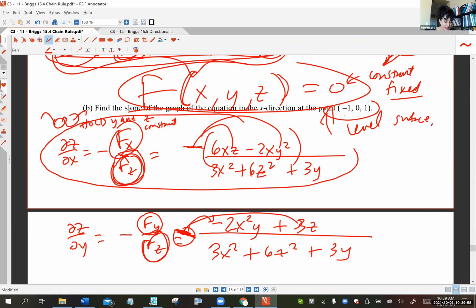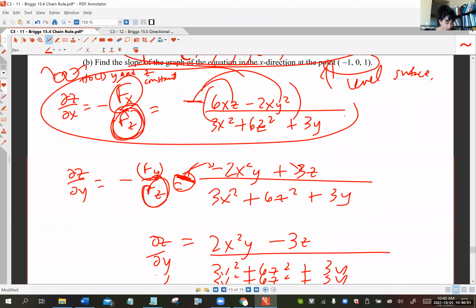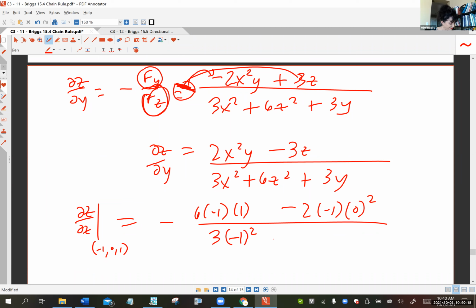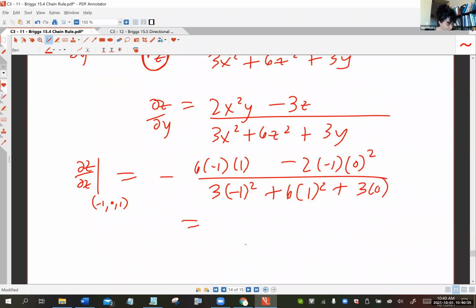So you're just going to take your dz/dx and start substituting -1 in place of x, 0 in place of y, and z gets a 1, right? Okay, here we go. And after you do all the math, it should come out to be 2/3, okay? Did that right, I hope?